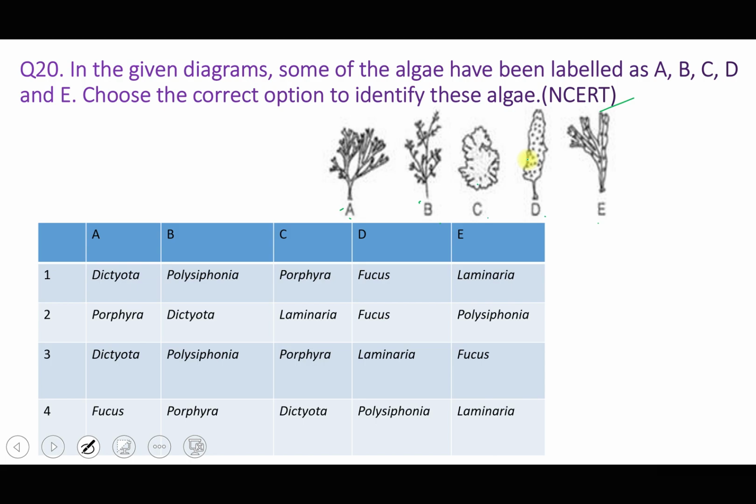These have a broad leaf which is called lamina, and it also has a stalk. The E is Fucus. They have an irregular thallus and their blade is dichotomously branched. So when we say that A is Dictyota, B is Polysiphonia, C is Porphyra, D Laminaria, and E Fucus, then option 3 is correct.